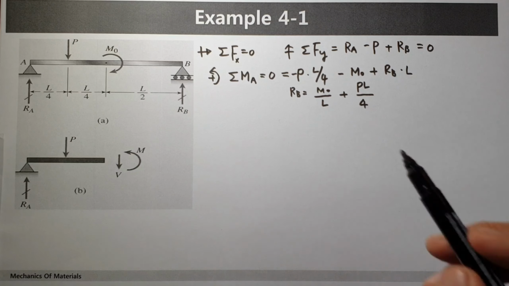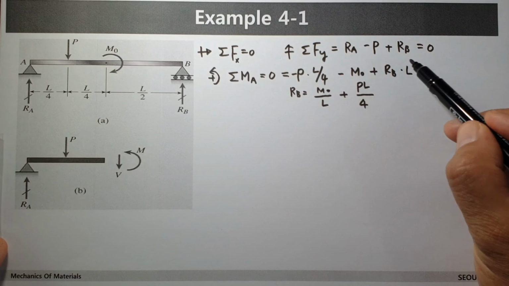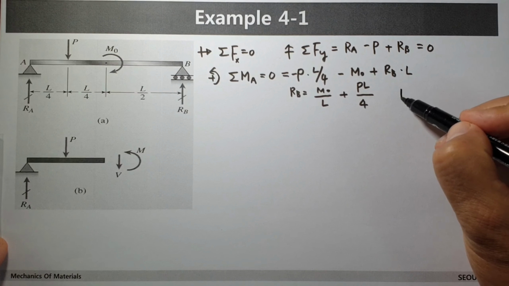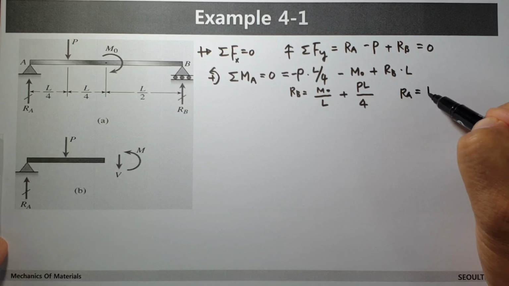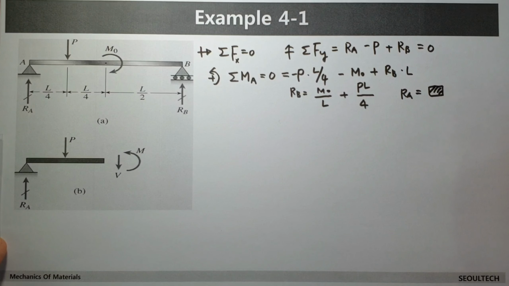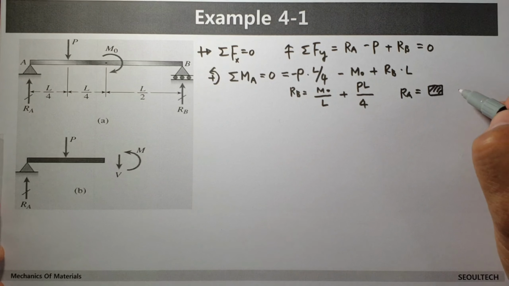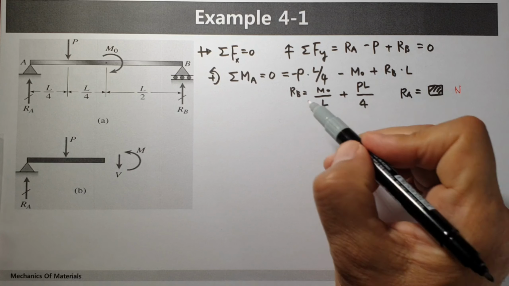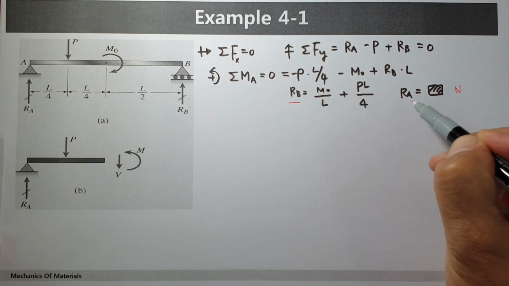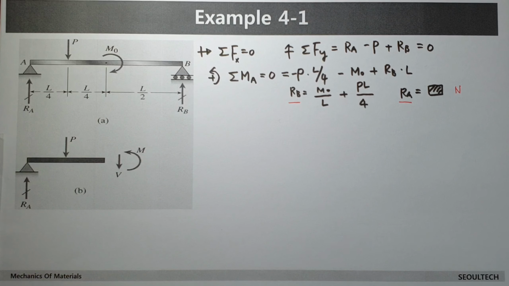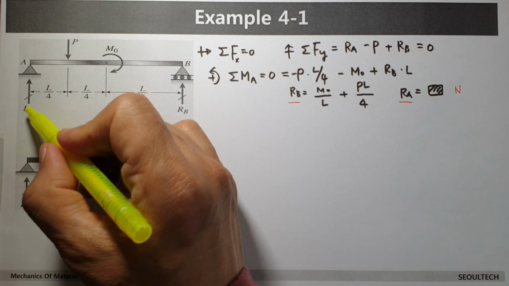And when you apply this value to this equation, then we can also find the RA value, like this. Of course, RA and RB are forces, which are written in Newtons. Okay, we've calculated the RB and RA values. We know the RA and RB values.